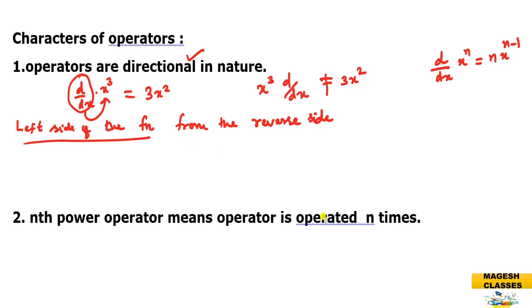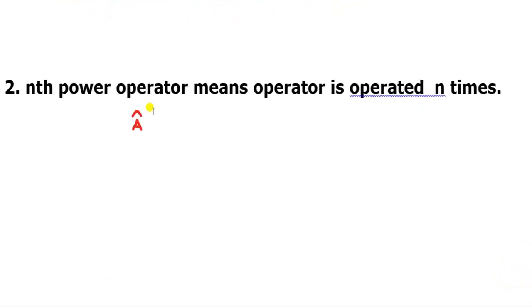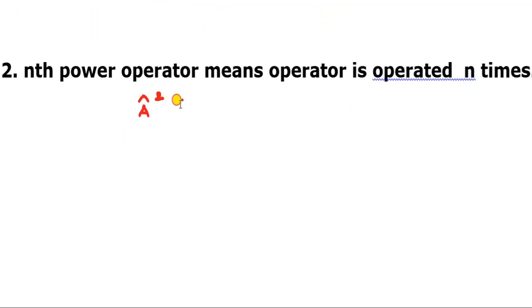The next property: the nth power of the operator means the operator is operated n times. The operator to the power 2 on the function. Clear? The nth power of the operator means the operator is operated n times. Here the power is 2, so it is operated 2 times. Clear?